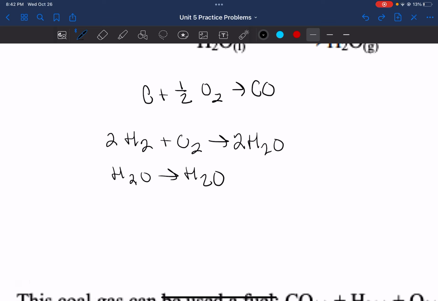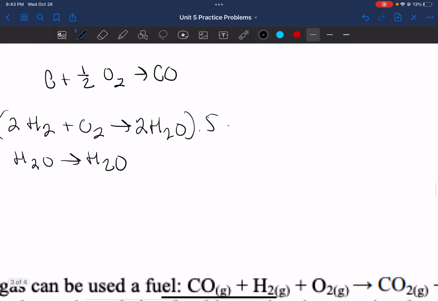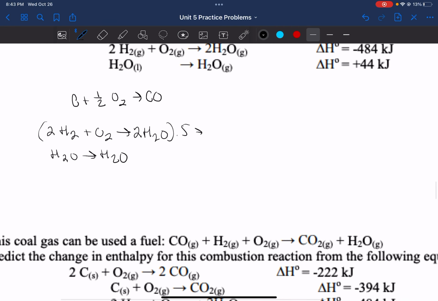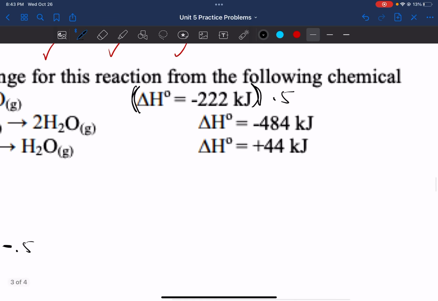So for this, we'll also have to multiply this by 0.5, which would then change this into, oh, actually this is a double step because H2 is on the right side. So you would multiply this by negative 0.5. So in here, you multiply this by negative 0.5.